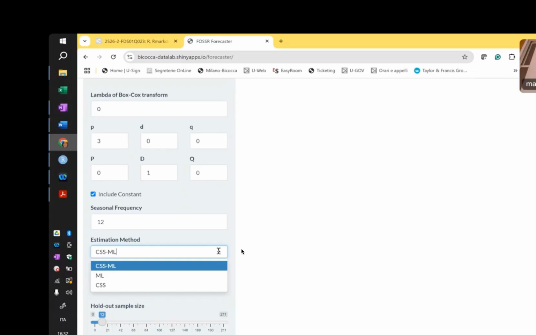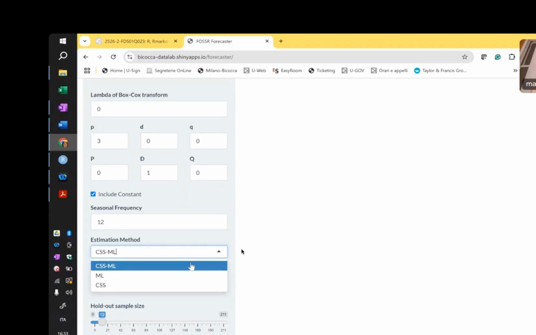The same holds also in Python, so watch out if you use Python. What's the first choice? This is just because CSS is quick. In that case, the algorithm uses the least squares algorithm to get initial values to start a maximum likelihood optimization, okay? So you also have maximum likelihood. So if you have time concerns, use CSS. That's the basic message here.